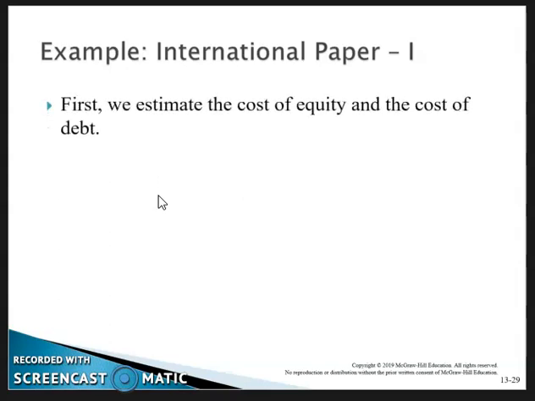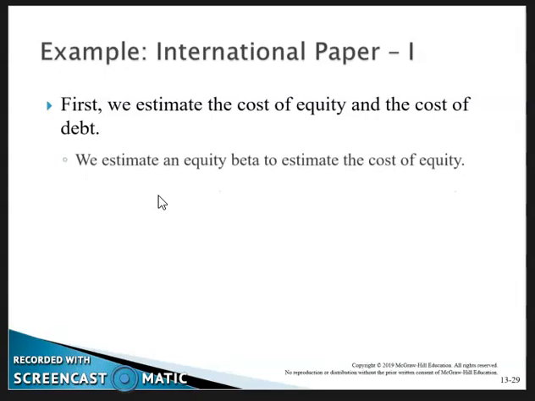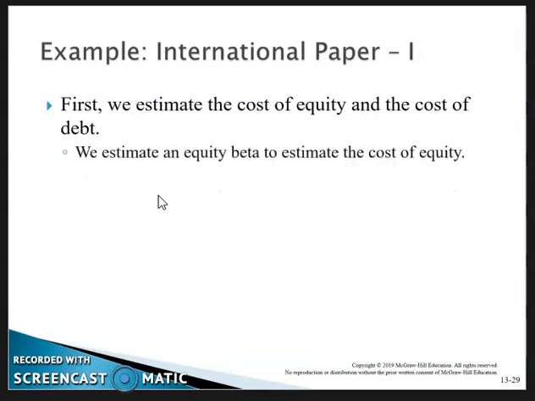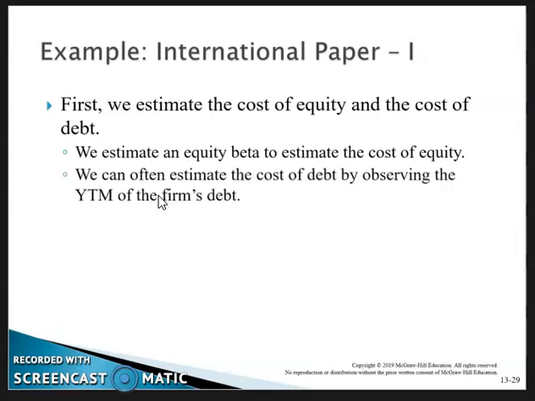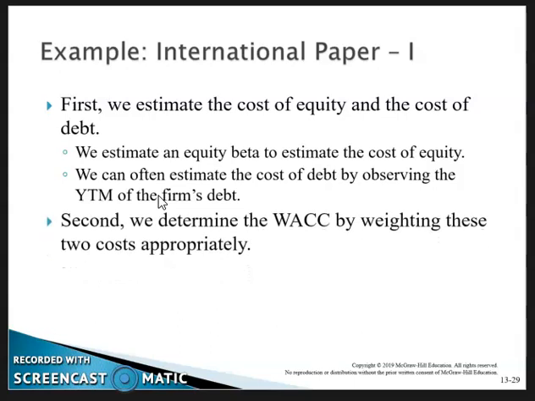First we estimate the cost of equity and the cost of debt. We estimated an equity beta and the cost of equity. You can estimate the cost of debt by observing the yield to maturity on the firm's debt. Second, we can determine the weighted average cost of capital by weighting these two costs appropriately based on the values of the two components.